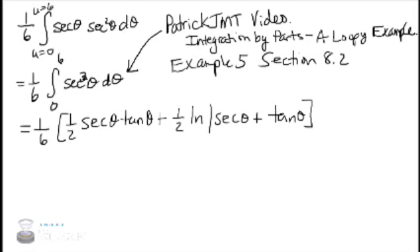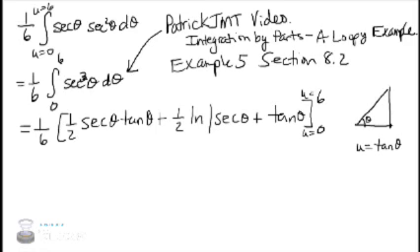Since this is a definite integral, we're going to evaluate that from u equals 0 to u equals 6, but we can't do that until we get this back in terms of u's. Remember that with the trig substitution that we made, our u was equal to tangent of theta.